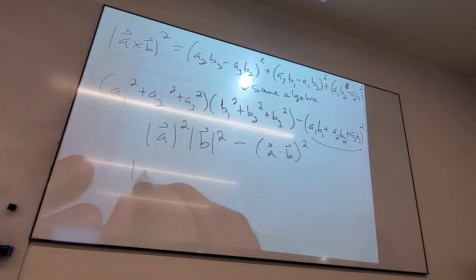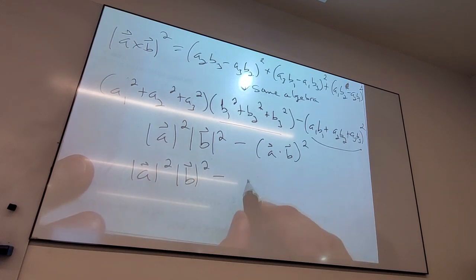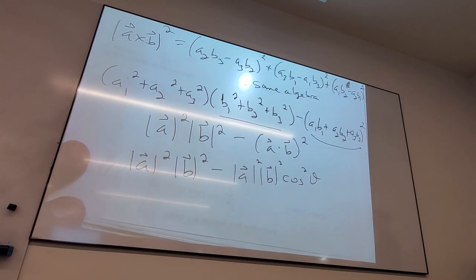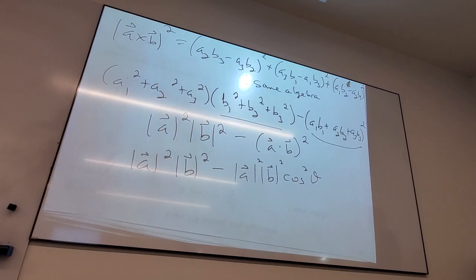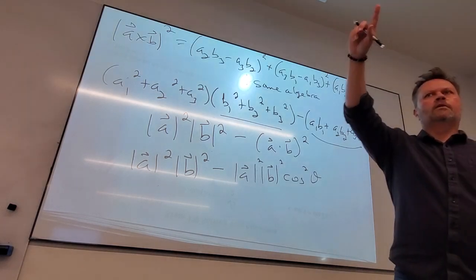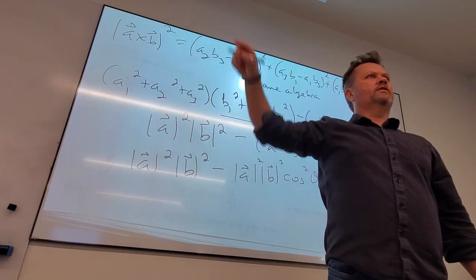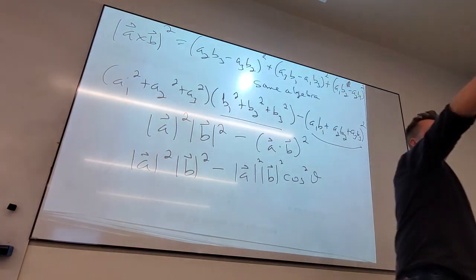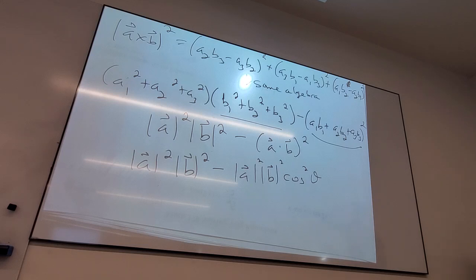Now, help me out. What's the formula for the dot product that involves theta? So this is squared, yes? Stop for a minute. What's 1 minus cosine squared? Sine squared. What's 4 minus 4 cosine squared? 4 sine squared. So what's a squared b squared minus a squared b squared cosine squared?